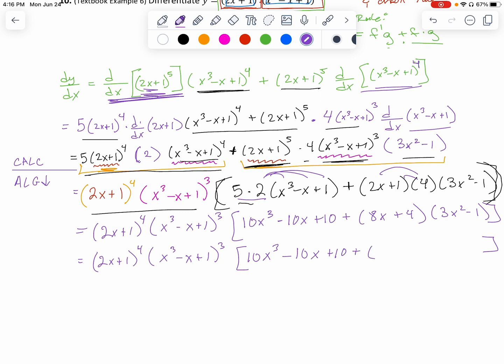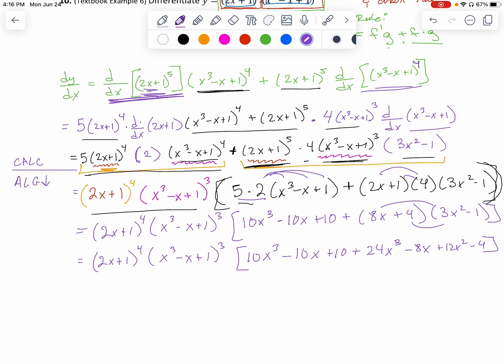Whoops, I'm going to FOIL this. So let's FOIL this. So I get 8x times 3x squared, so that's 24x cubed. And then 8x times negative 1, so minus 8x. And then 4 times 3 gives me 12x squared, and 4 times 1 gives me negative 4.